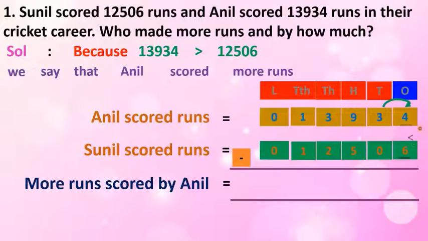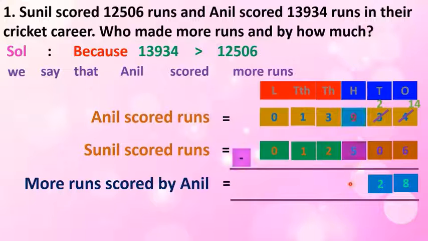Borrow from the tens place, 3 becomes 2, and 4 becomes 14, minus 6, 8. 2 minus 0, 2. 9 minus 5, 4. 3 minus 2, 1. 1 minus 1, 0.